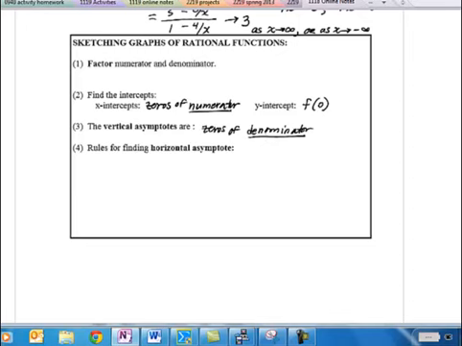And then the rules for finding the horizontal asymptote: the trick is to divide the numerator and the denominator by the highest power of x in the denominator.